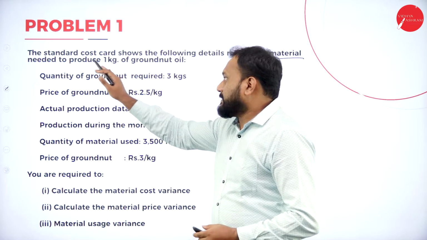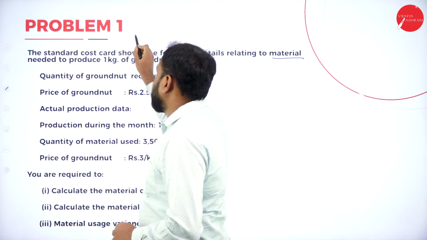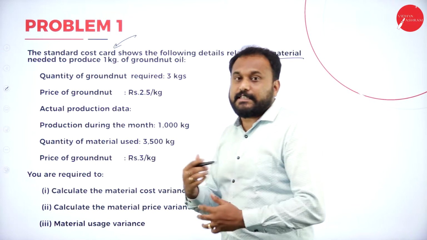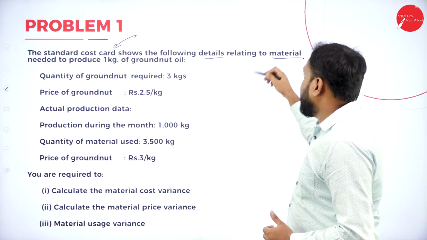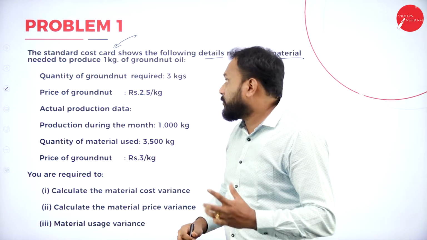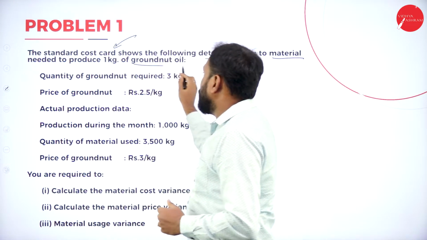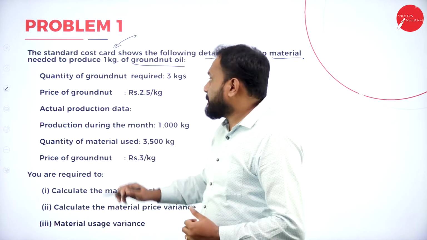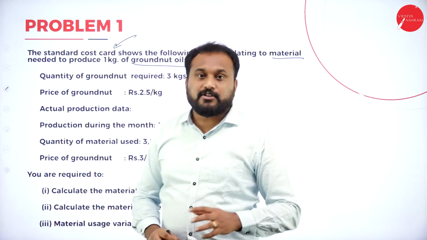Now, the standard cost card shows, that means standard cost card. The minute you get something called a cost card, understand that they are twisting the question. The standard cost card shows the following details relating to material that is needed to produce 1 kg of groundnut oil. Now understand which is finished goods and what is the raw material. Quantity of groundnut required is 3 kg. Now understand this concept here.